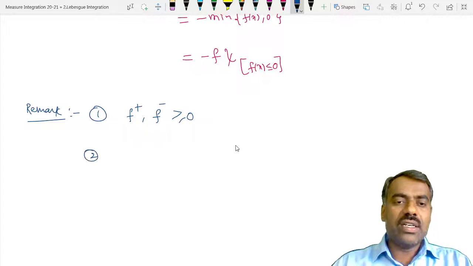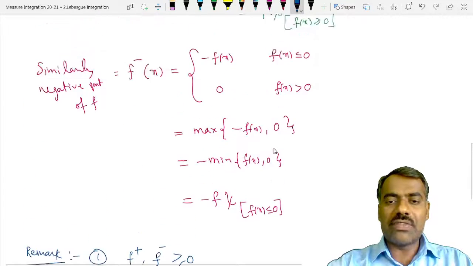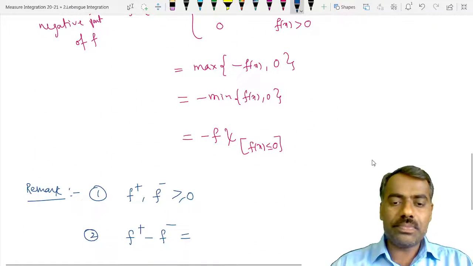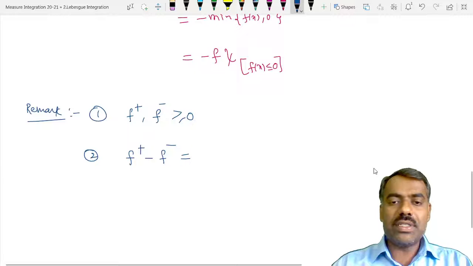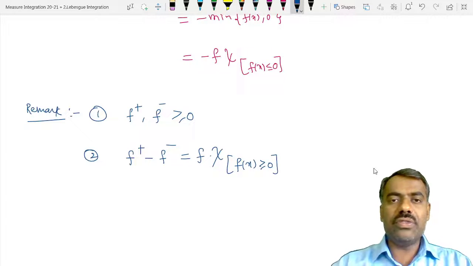Then the second one, sir. If you observe this f plus minus f minus, by definition, if you write in terms of these characteristic functions, f plus is nothing but f times characteristic function of f of x greater than or equal to 0, or if you just write greater than 1, no problem.